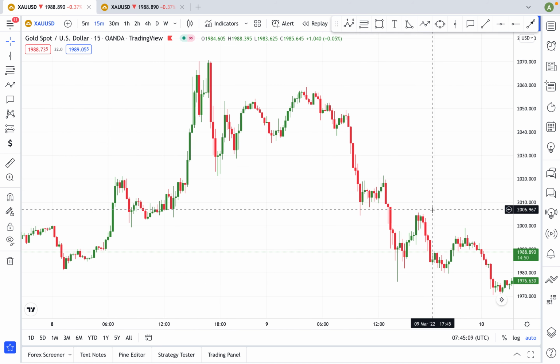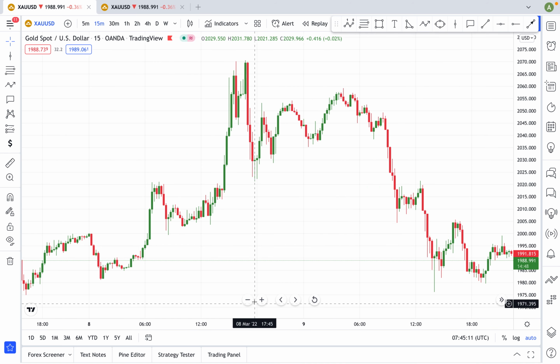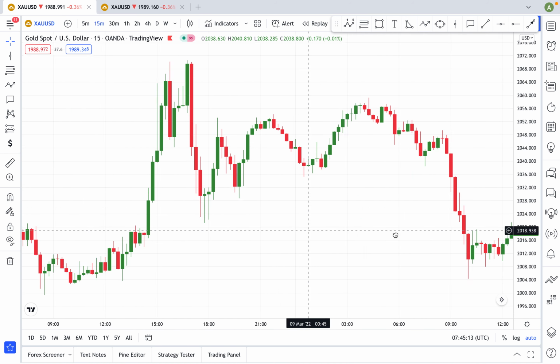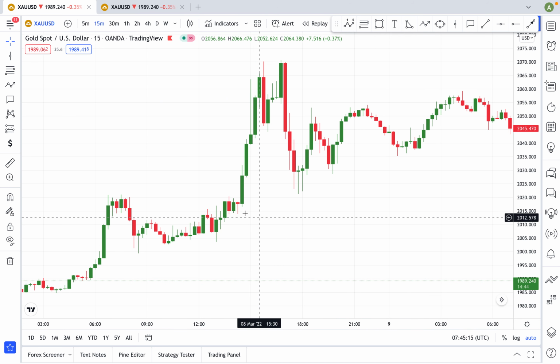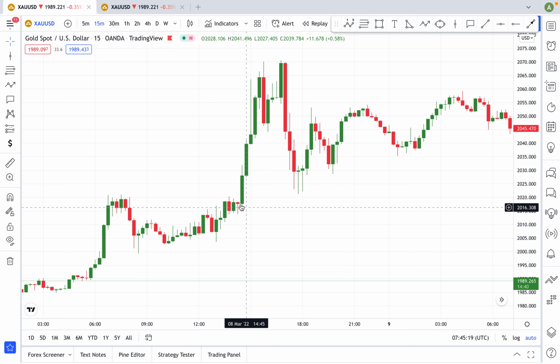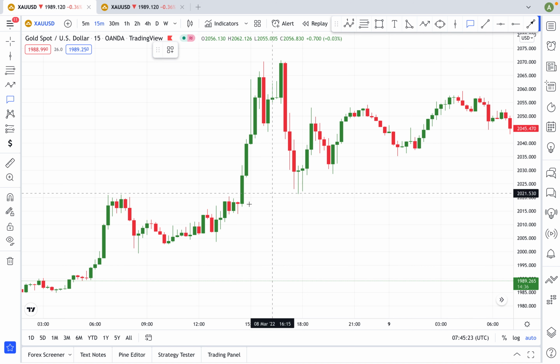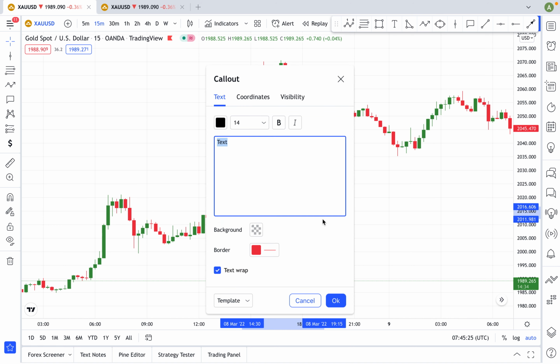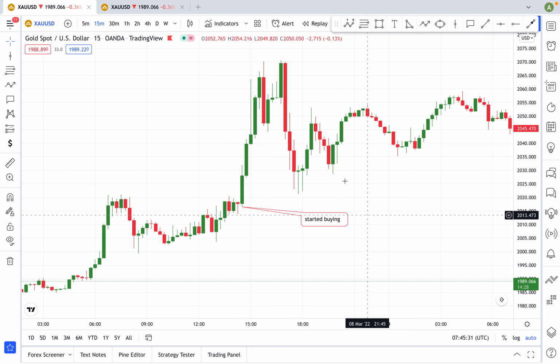So let's come here again. Market has been buying. Let me just use here. Market has been buying from here, right? It started buying from here, right?